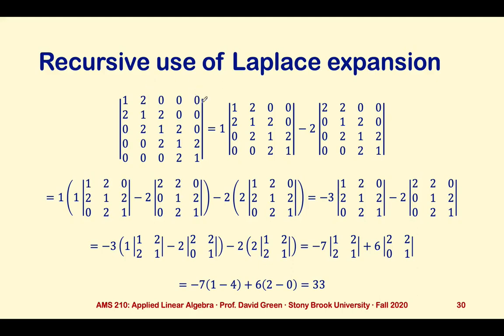The first step is to take a look at this and say, which row or column has the most zeros in it? And that is either the first row or the first column. Both of these have 3 zeros. Every other row or column has more nonzero entries than that. The last row and the last column also work, but let's start with the first row.